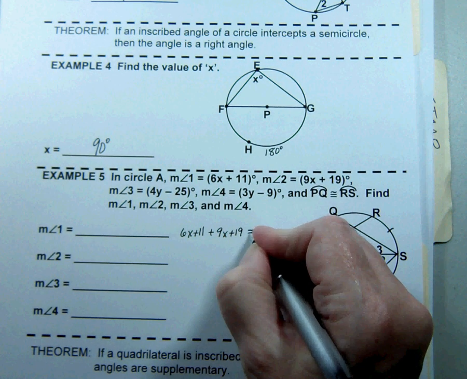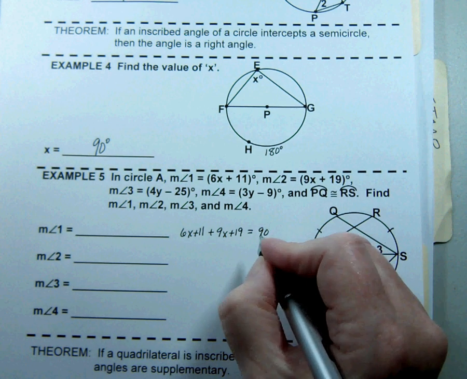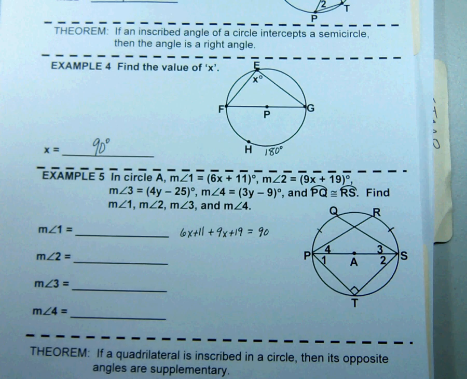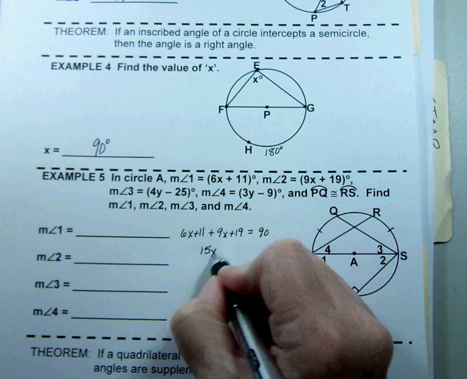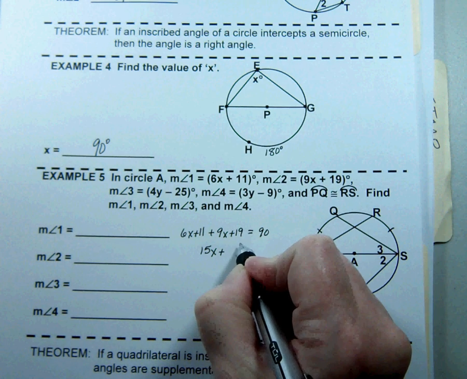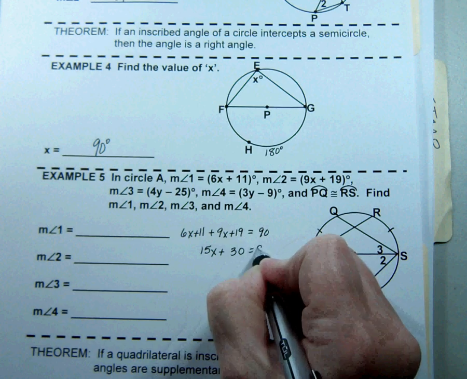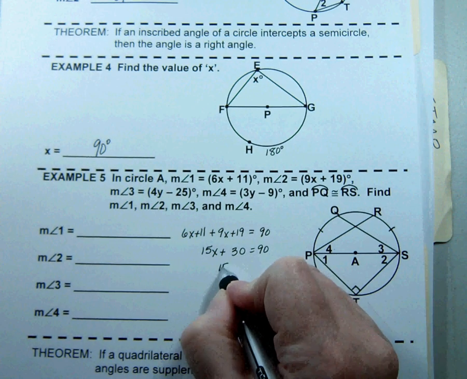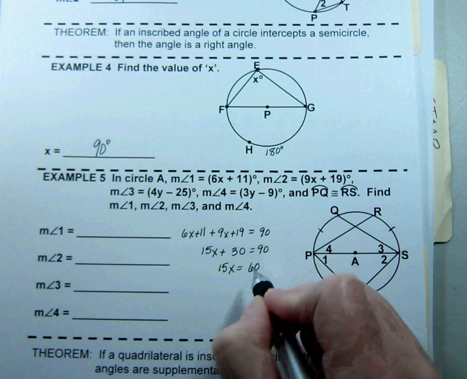So we know that's going to equal 90. That would be 15x plus 30 equals 90. So 15x would equal, subtract 30, 60.